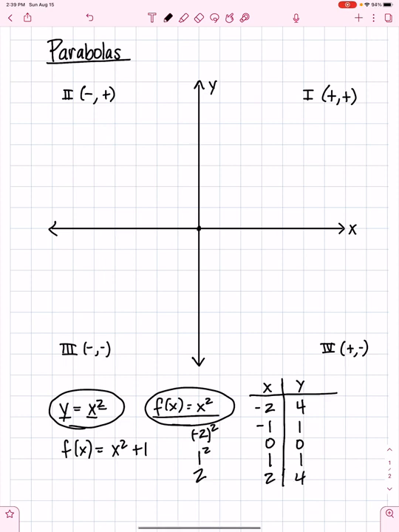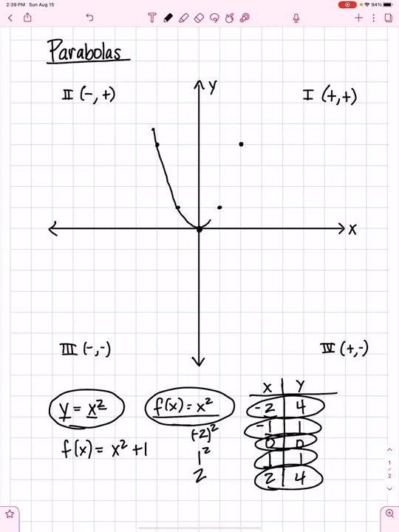I've got this ordered pair, 0, 0, right there. This ordered pair 1, 1, right there. This ordered pair 2, 4. This ordered pair -1, 1. This ordered pair -2, 4. So that just gives me a guide as to what my parabola would look like.